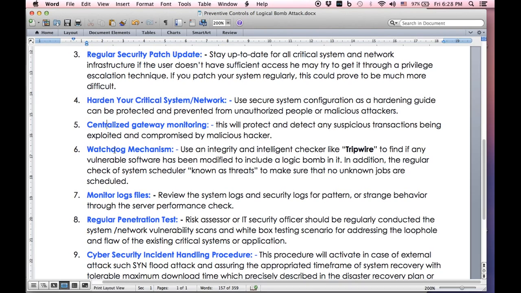So the next is the watchdog mechanism. The watchdog mechanism is an application, or we can say an integrity or intelligent checker file, spread out across all applications to find out which systems contain vulnerabilities or loopholes, and to identify who is the unauthorized modifier of a certain file or system.